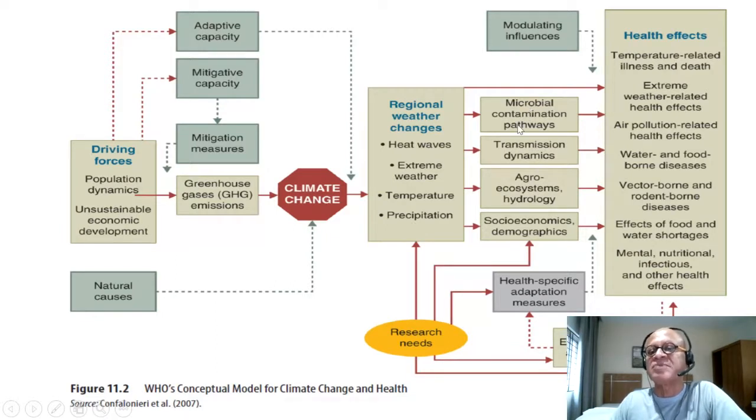Then that directly also impacts microbial contamination pathways, transmission dynamics, agroecosystems, hydrology, socioeconomics and demographics, and eventually leading to health effects, temperature related, extreme weather related, air pollution, water, foodborne, vector-borne, zoonotic effects of food and water shortages, mental, nutritional, infectious, and other health, which drive other evaluation options and strategies for adaptation, including health-specific adaptations and research and so on.